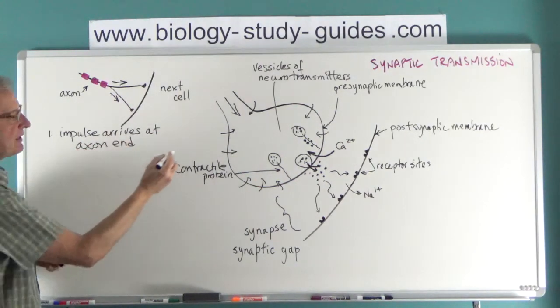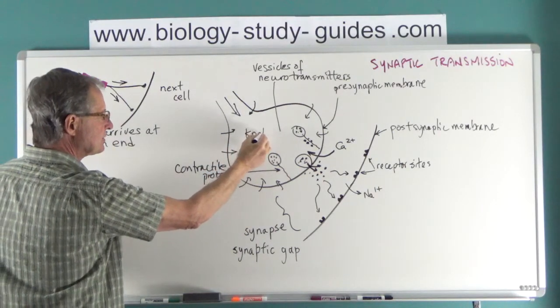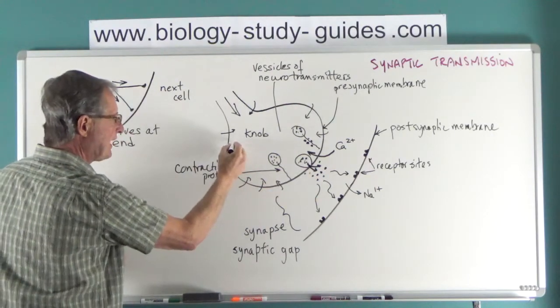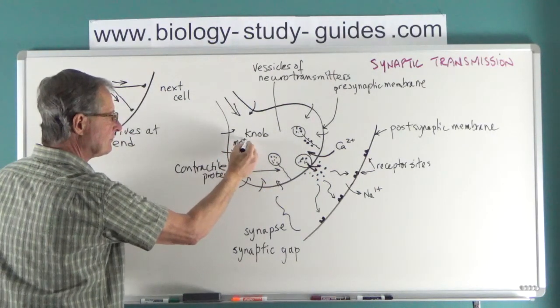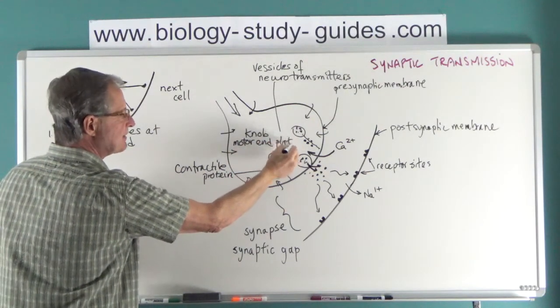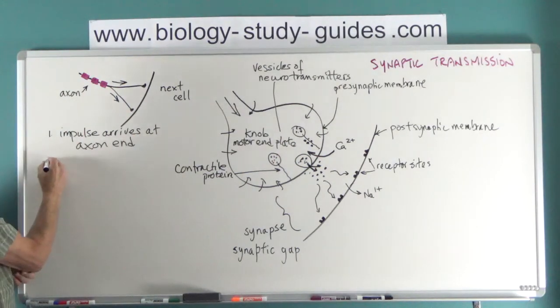And I should mention, this end of the axon sometimes is called a knob, sometimes it's called a bulb, sometimes if it's a muscle cell it's called a motor end plate. They can be different shapes, it doesn't matter, the story is the same regardless. But that's the first thing that happens.